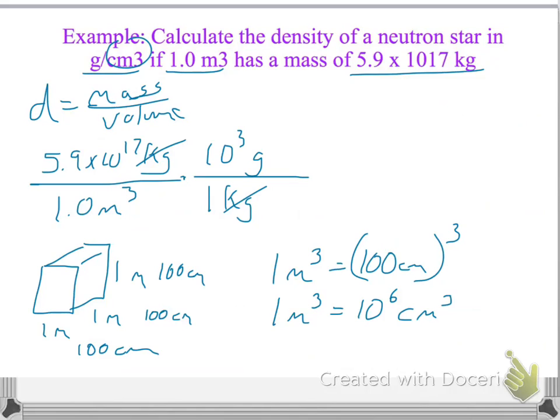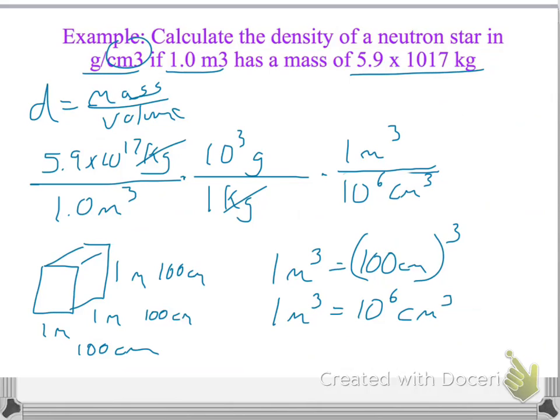So now we can put this into our problem above, and 1 meter cubed, oops, that needs to be on the top so we can cancel out units. 1 meter cubed is 10 to the 6th centimeter cubed.